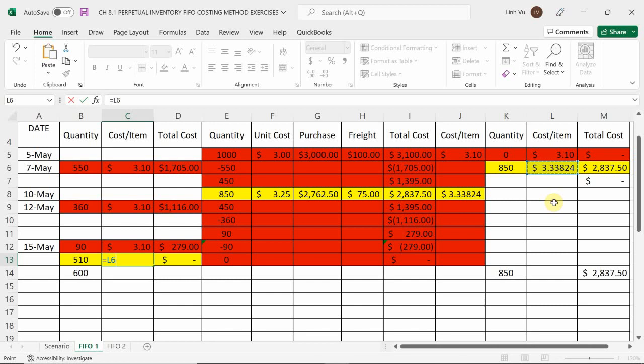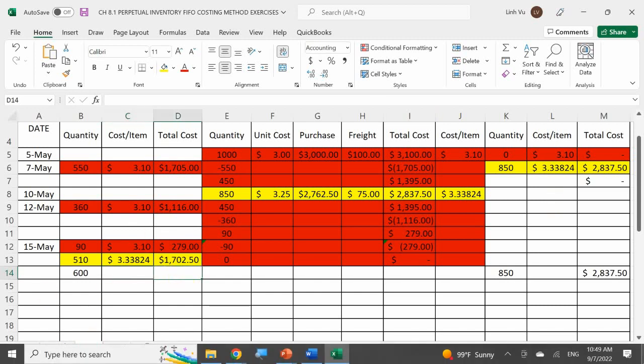Good. So what's my total cost of goods sold for selling 510 items at 3.33824? $1,702.50. Good.